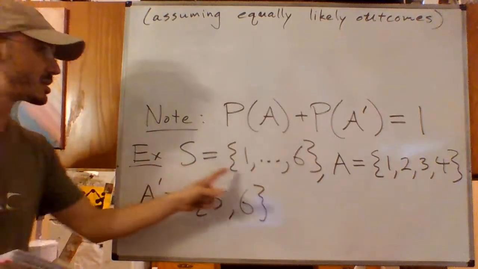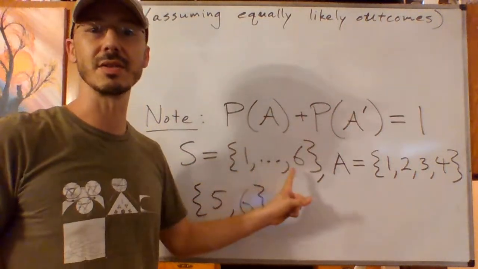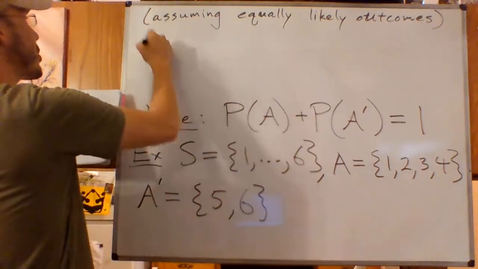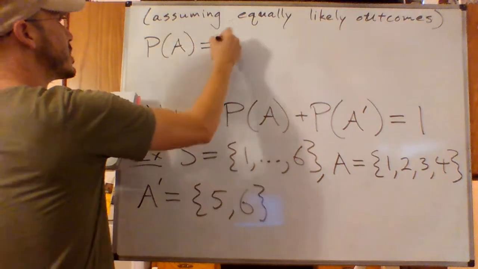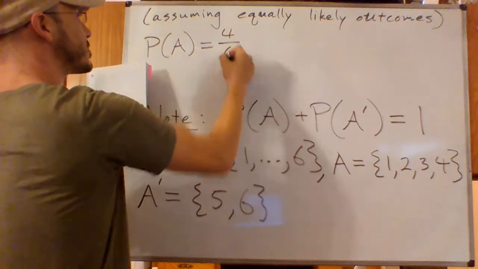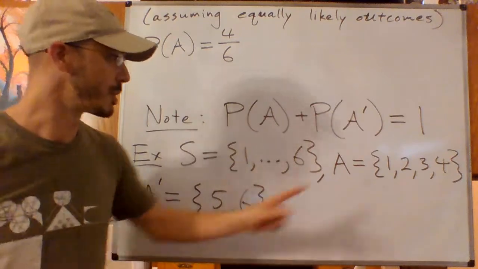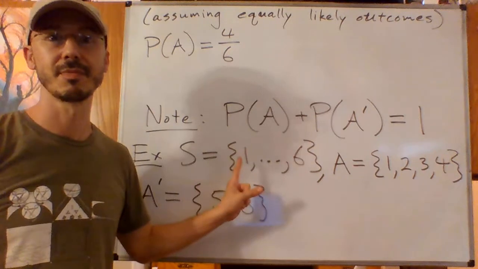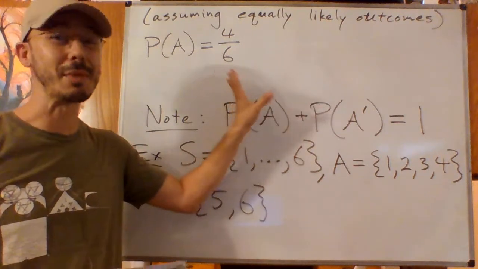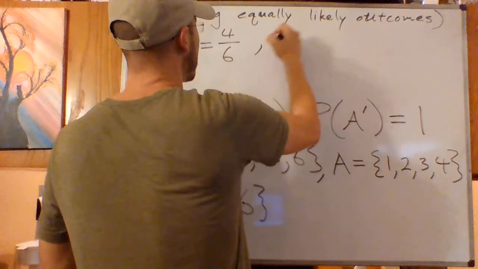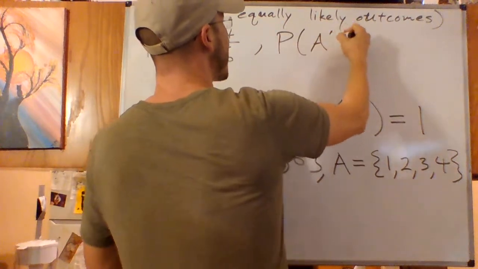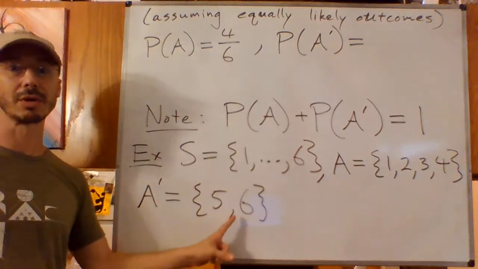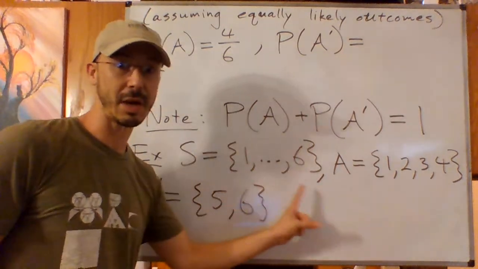If we assume that these 6 outcomes are equally likely in the sample space, like it would be for rolling a fair die, the probability of A is 4 out of 6, because there are 4 outcomes in A out of 6 possible outcomes. Of course, you could reduce that. I'm not going to, though. See why in a moment.